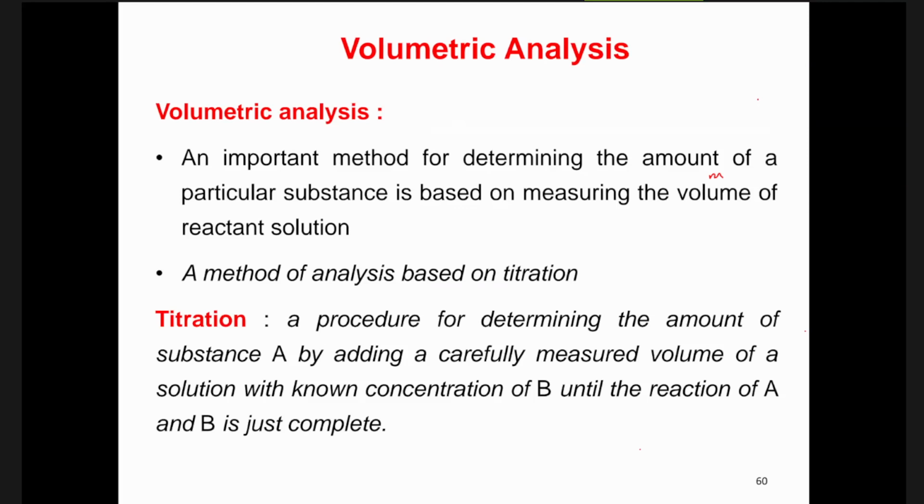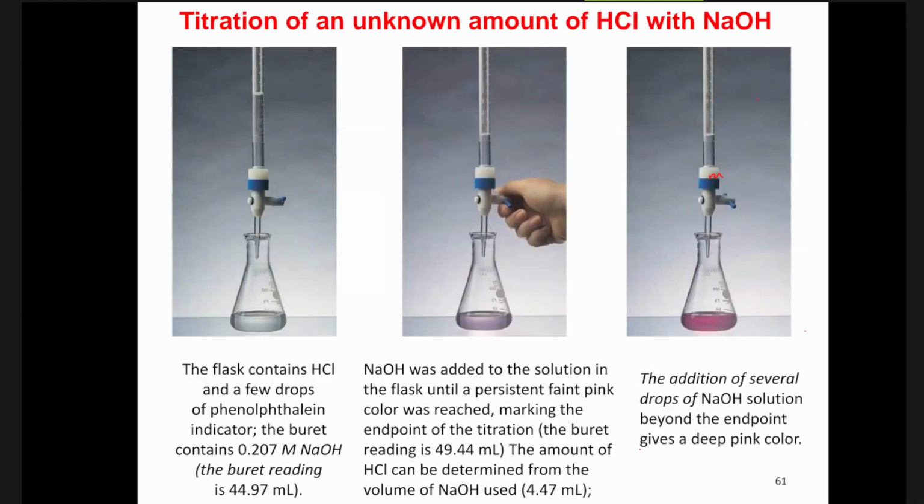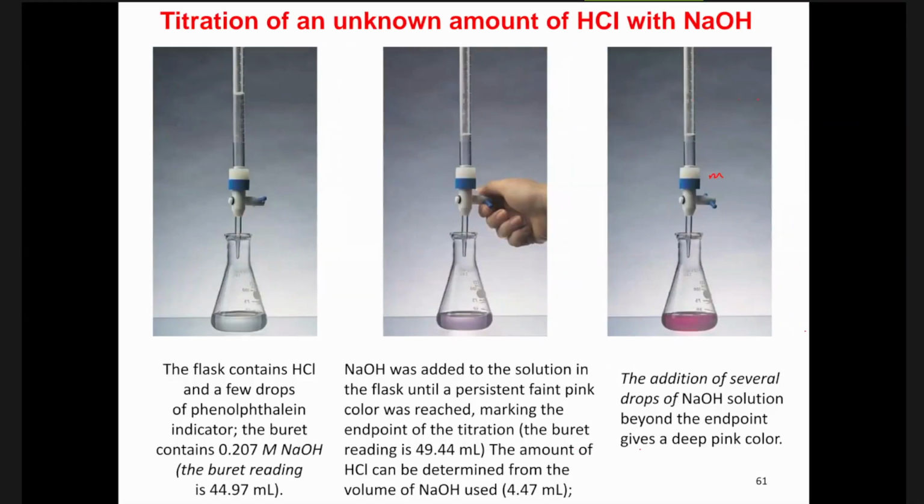So let's say you want to identify the amount of HCl, hydrochloric acid, in the solution. Then you add a few drops of a color indicator, which is phenolphthalein, and then in the burette, you have a solution of sodium hydroxide.